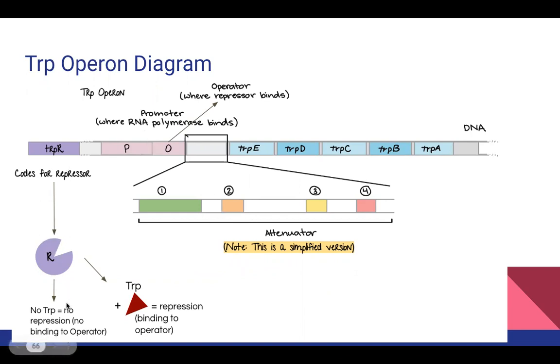By default, when there's no tryptophan in the cell or low levels, the tryptophan repressor won't be active, and so it will allow this transcription to happen as it's not bound to the operator.